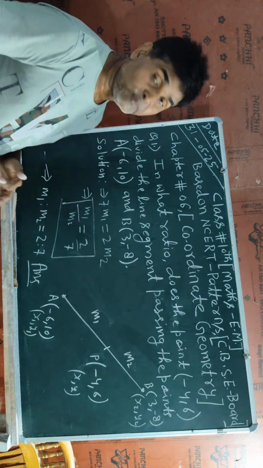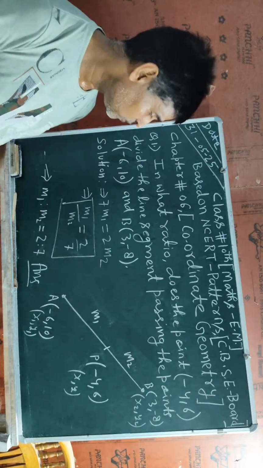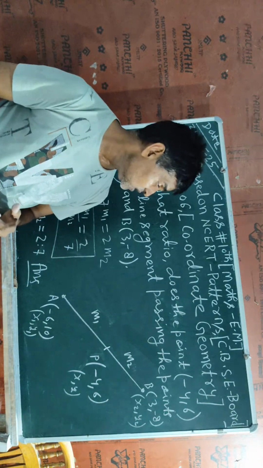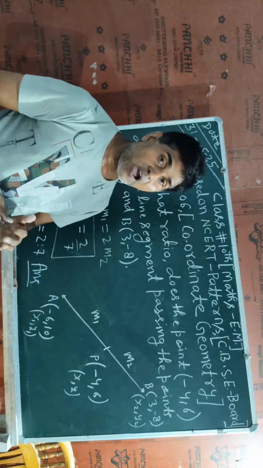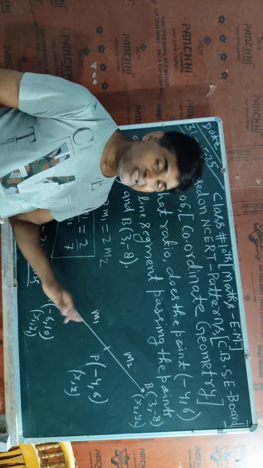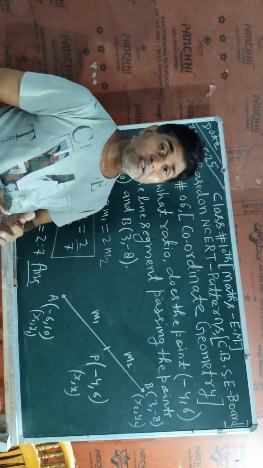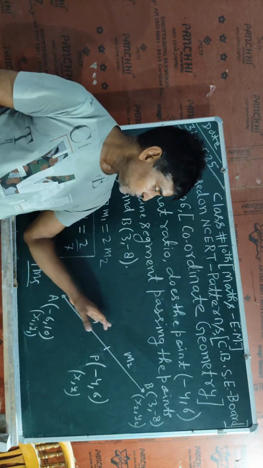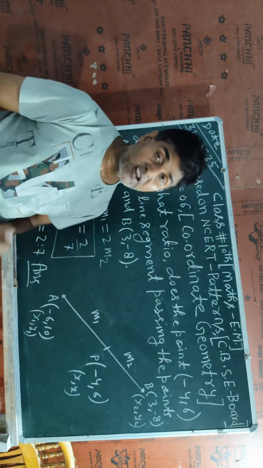The point name is section formula. We have to use it in coordinate geometry when 2 points are given, and a third point divides the line segment joining the given points A and B. So I will say that the ratio will be m1 is to m2. After writing this, I have to write its general formula.